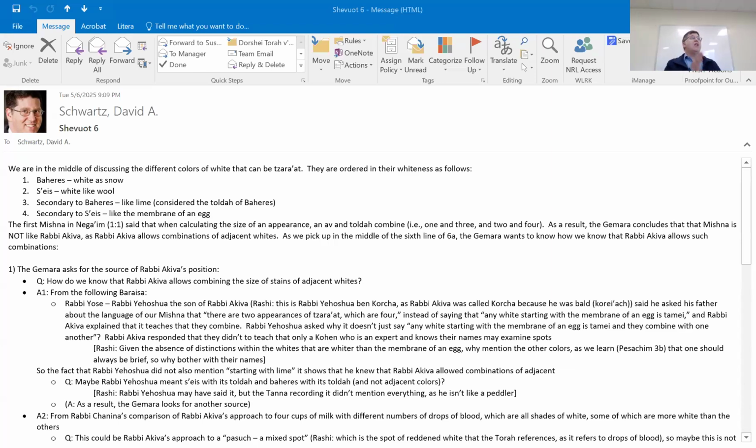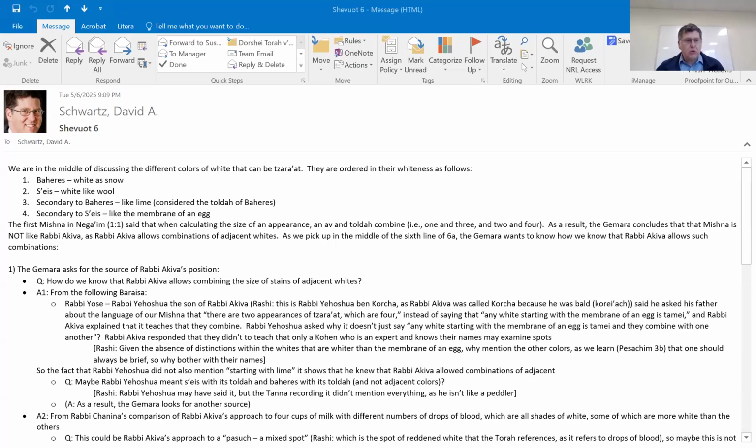Again, it's two that are four because you have baheret and se'et, those are the two main categories, and then you have two secondary categories to them, namely kisid and kebetza, that like the egg. So those are the four.